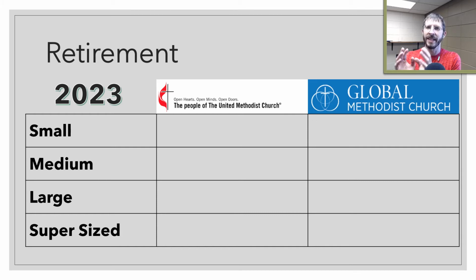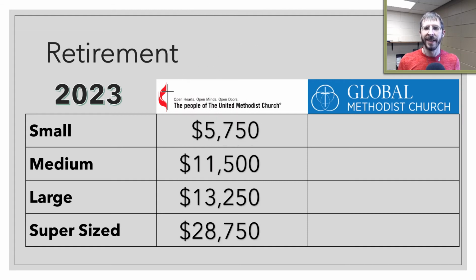And the Global Methodist is 100% defined contribution. Both denominations want to move away from that defined benefit piece because you tend to get in trouble with that pension liability.